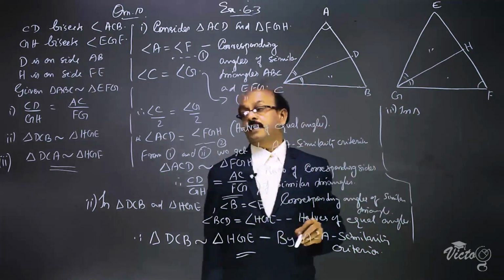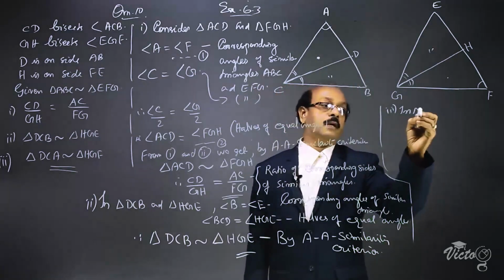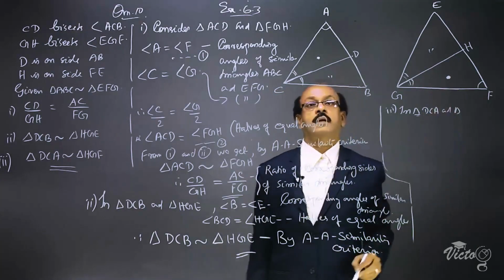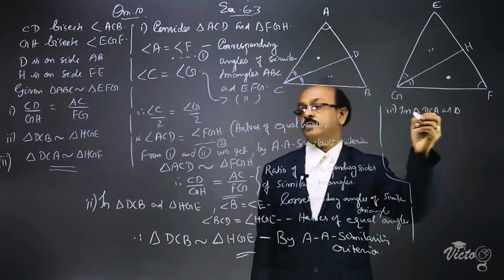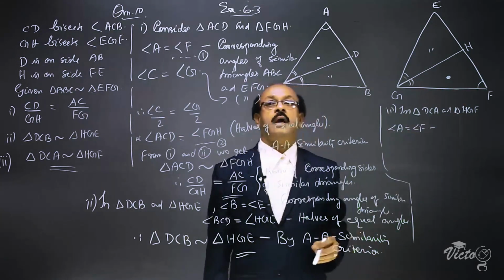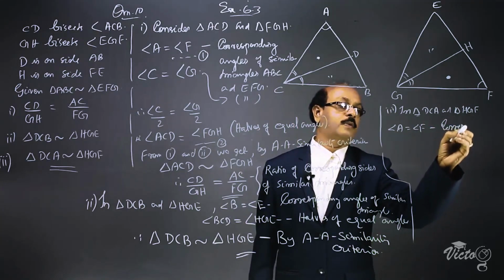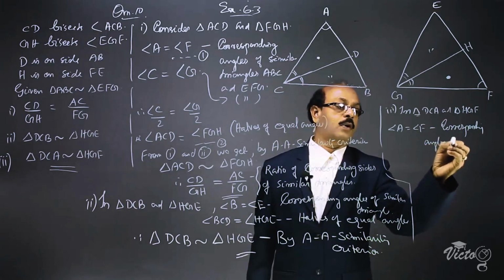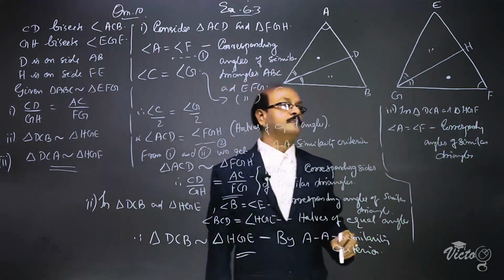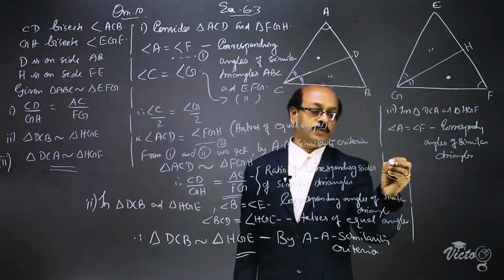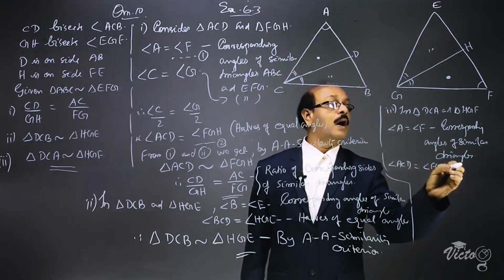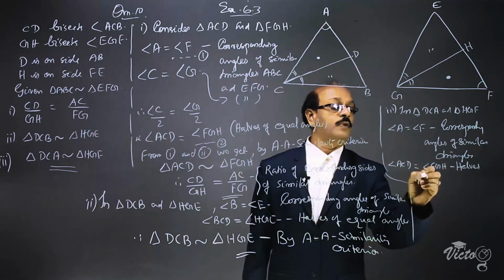In triangle DCA and triangle HGF, angle A is equal to angle F, corresponding angles of similar triangles ABC and EFG. Now, angle ACD is equal to angle FGH, halves of equal angles.